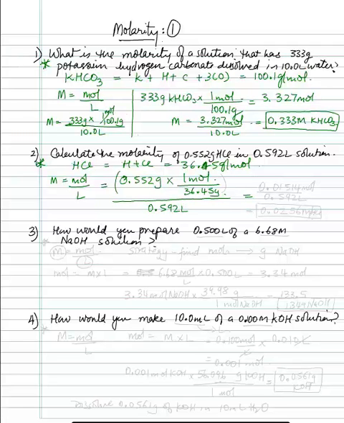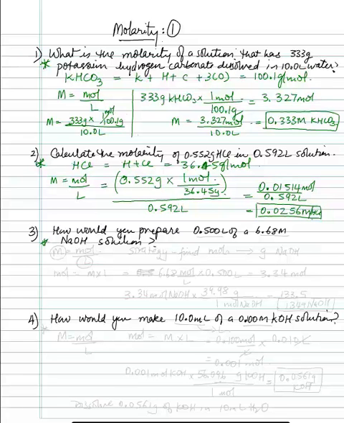So this is together, and then divide that by the volume. 0.01514 divided by 0.592 liters gives 0.0256 molar solution of HCl. That's what we have.